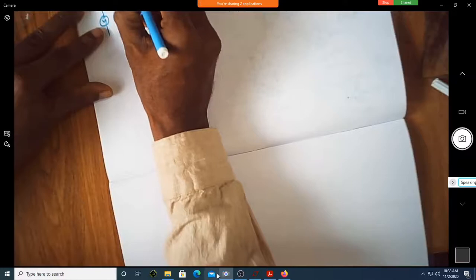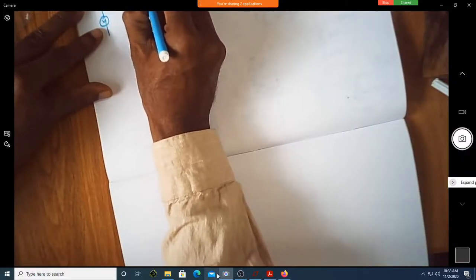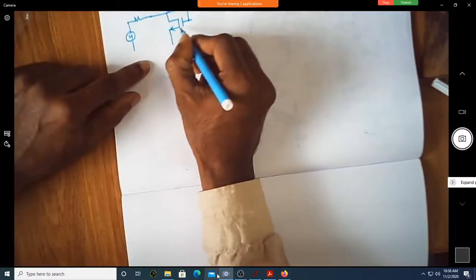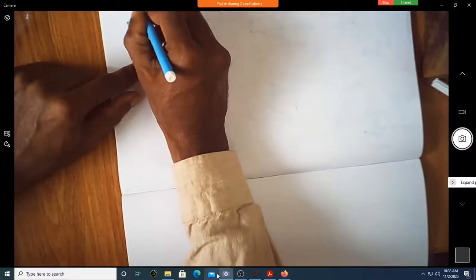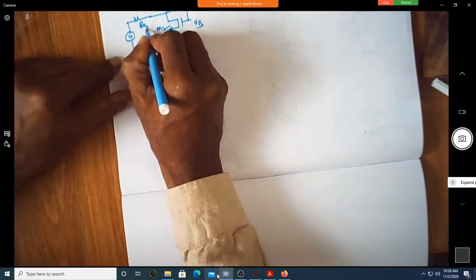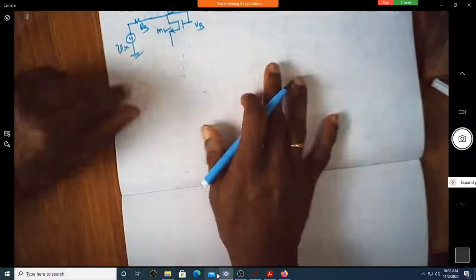This is grounded. There is a bias voltage. This is RD. Let me call this V0. This is M2. This is again VB, some voltage. This is RS. This is Vin. This is Vx. Am I correct?